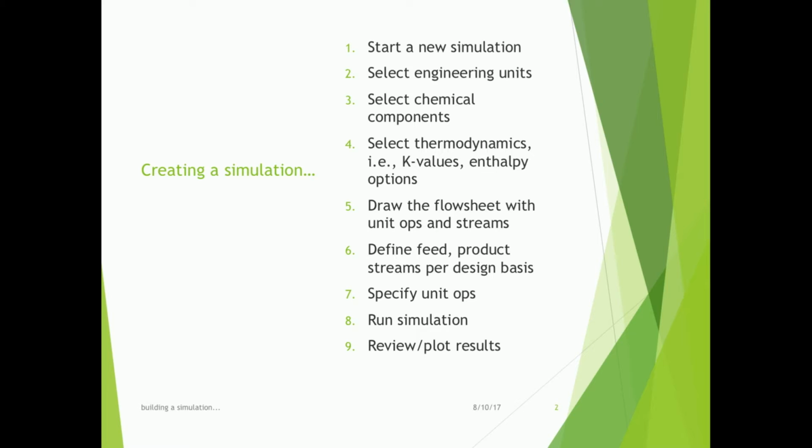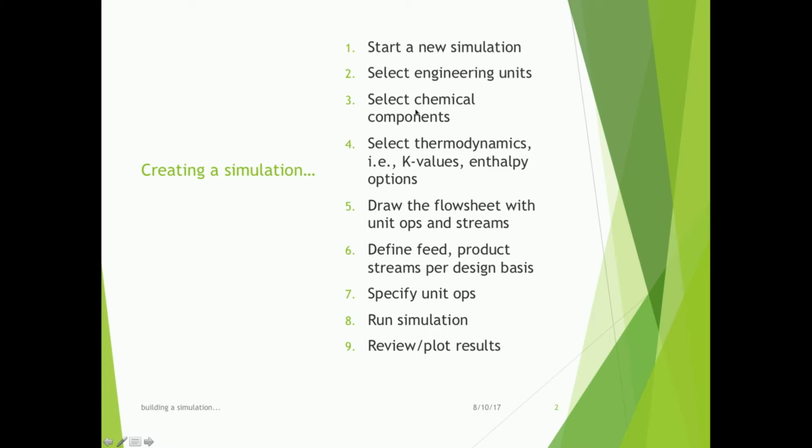The next thing to do is to check your engineering units and decide which set you want. You can have English, you can have metric, you can do a combination if you need to do that for your problem, but you do need to select the engineering units that are going to be used during the problem. You can always go back and change them, but it's important to try to get close.